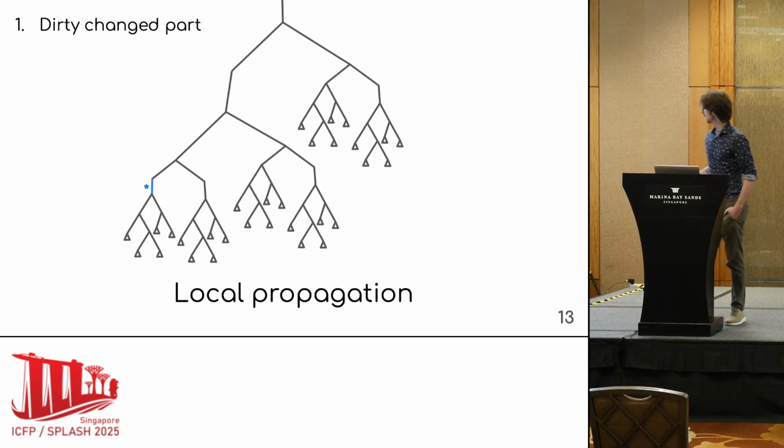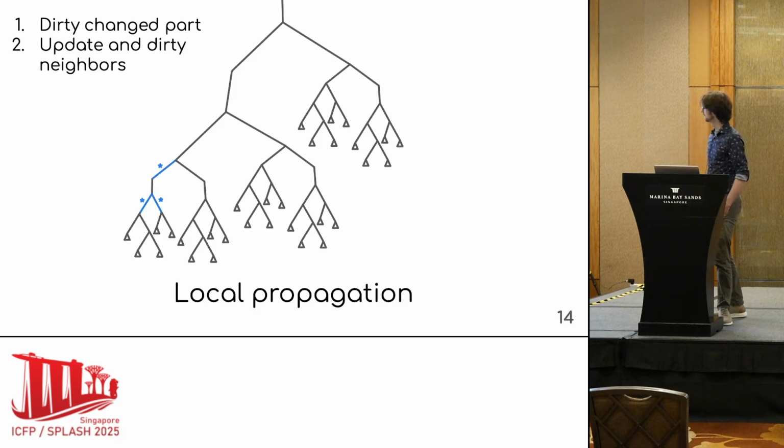Dirty meaning that a change has occurred, something is out of sync, something's out of date. And then you find that dirty part of the program and calculate the local change that needs to occur. You calculate the immediate effects of that change in terms of the types and errors. And then the neighbors that were changed, you mark them as dirty because they may be out of sync with their neighbors. And then you repeat.